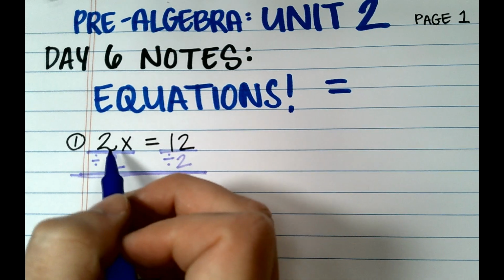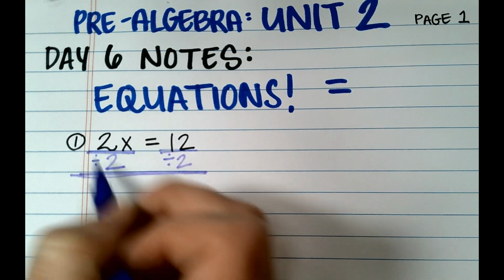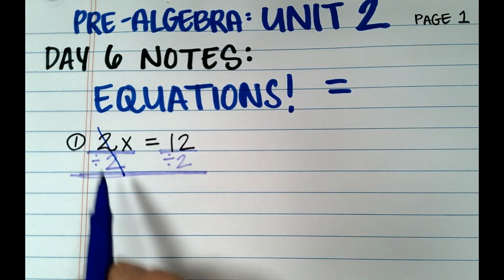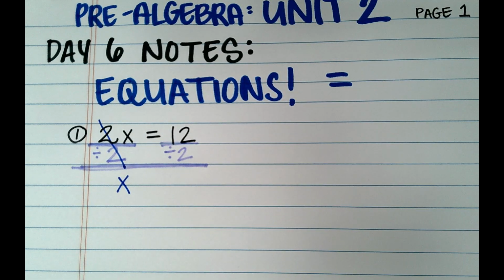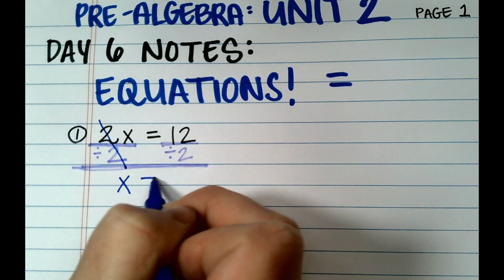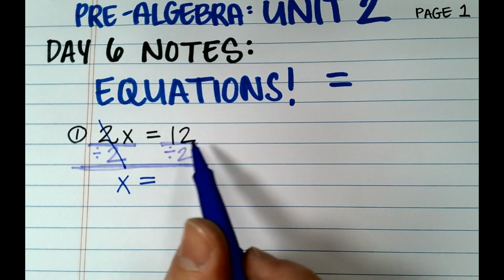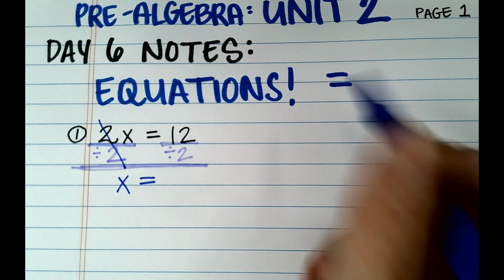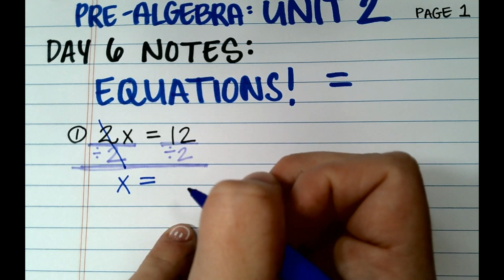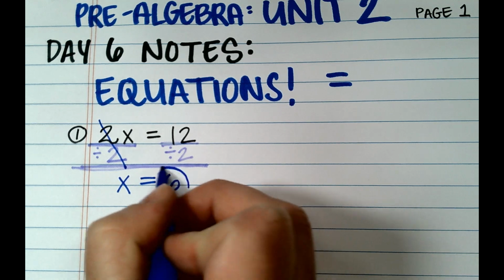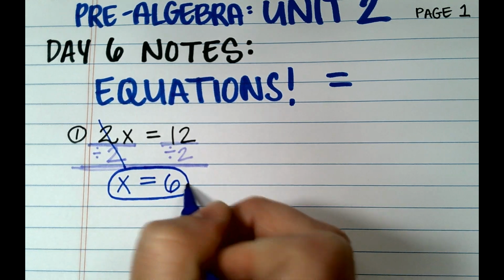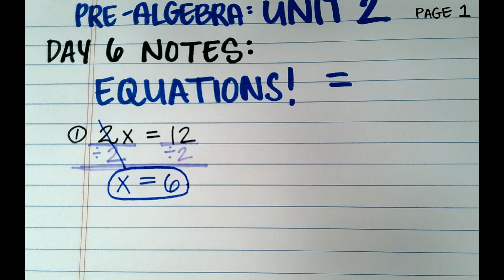When I divide by 2 over here, the 2s will cancel out and I'll be left with x by itself. I'll bring down my equal sign. And now all that's left to do is 12 divided by 2. And 12 divided by 2, just like you said, is 6. And so we just solved an equation.